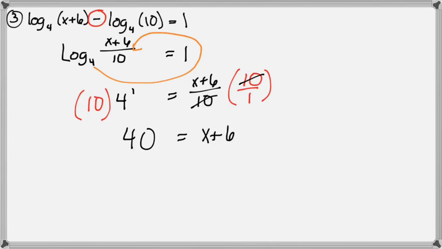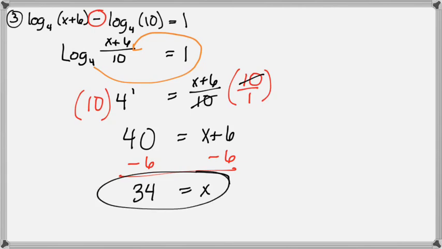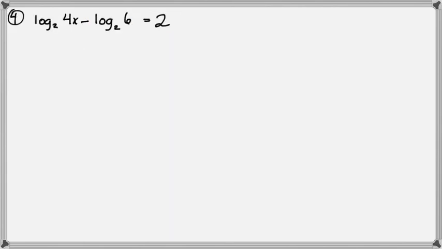Now I need to subtract my 6, and I get 34 is equal to x. When I check that out, it will not give me a negative, so that works. I want you to try to do number 4 on your own.